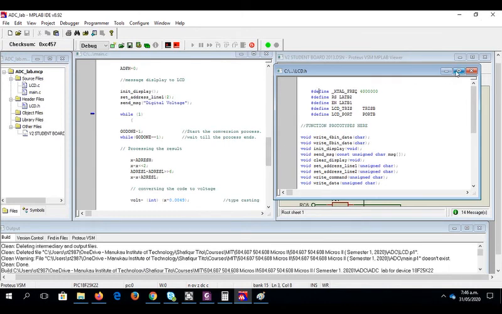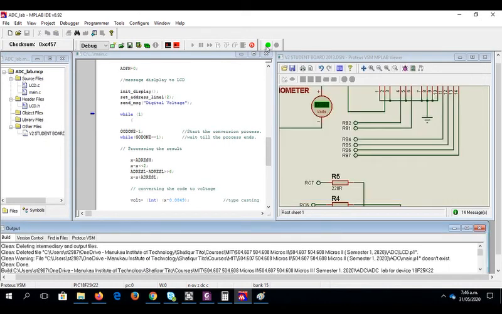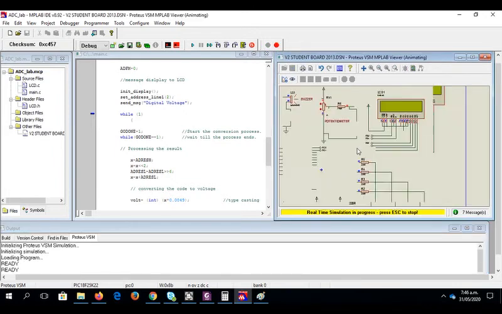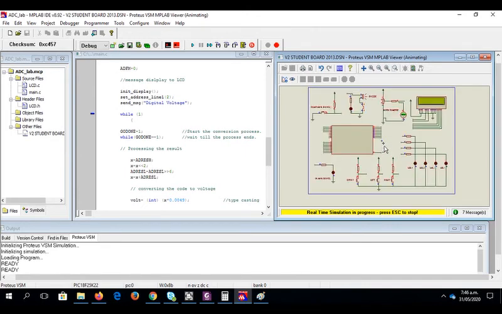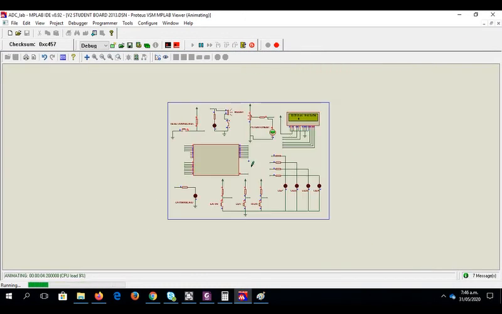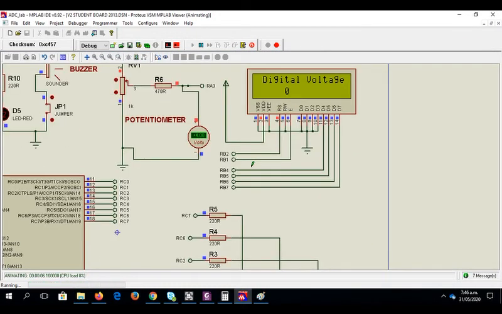Now I can run this one. Take a look whether the voltage is showing. So want to maximize is showing, but it is showing 0 voltage.